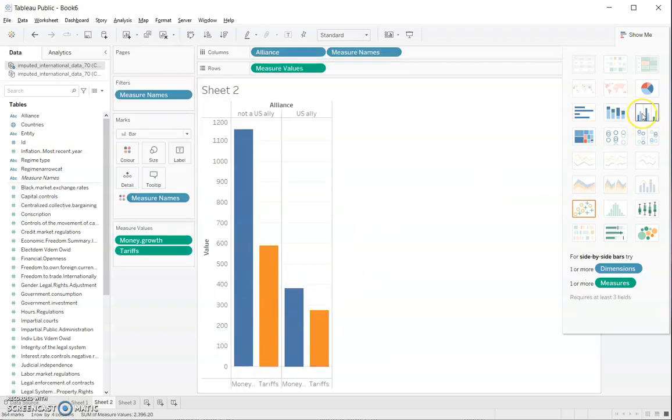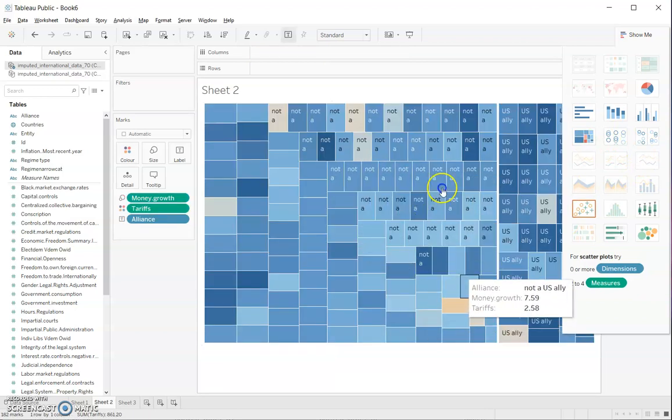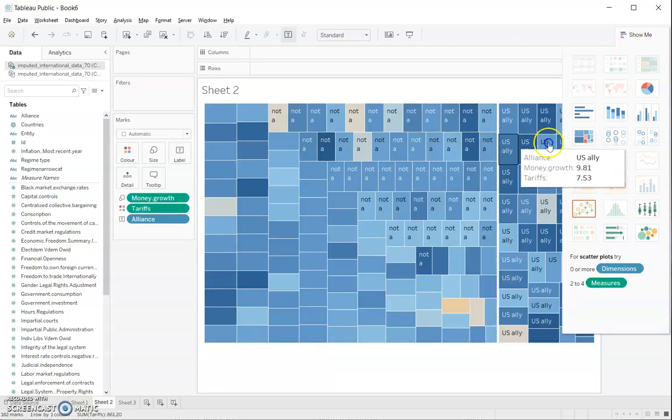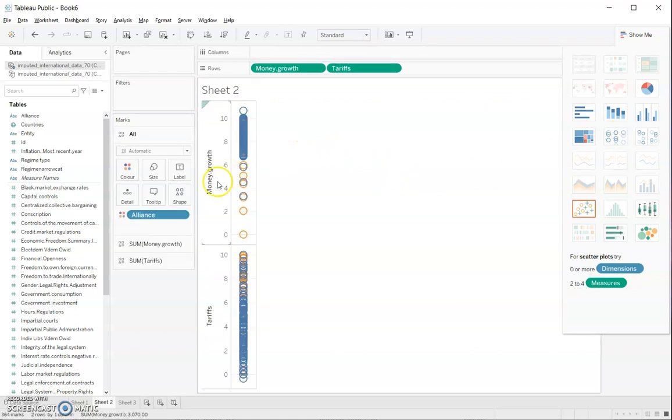For comparison, of course, you can use the very usual primary school level side by side bars. There are not so many US allies around. Anyway, or something like this. It looks completely off.